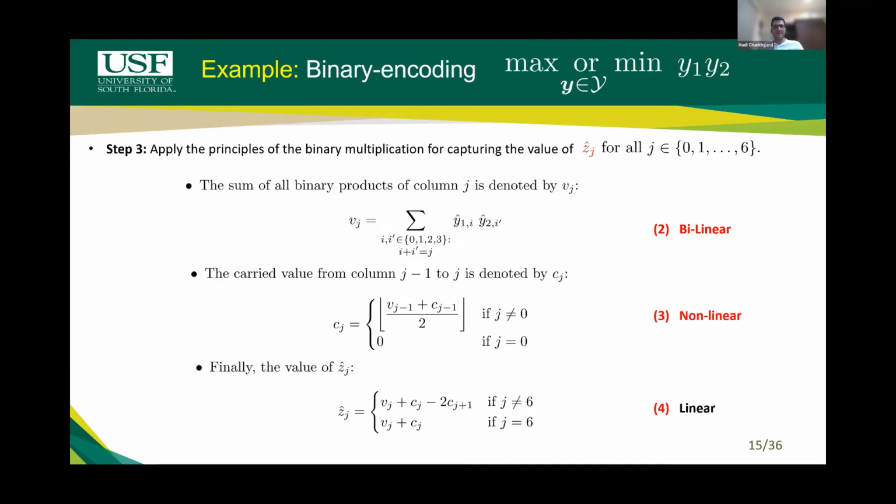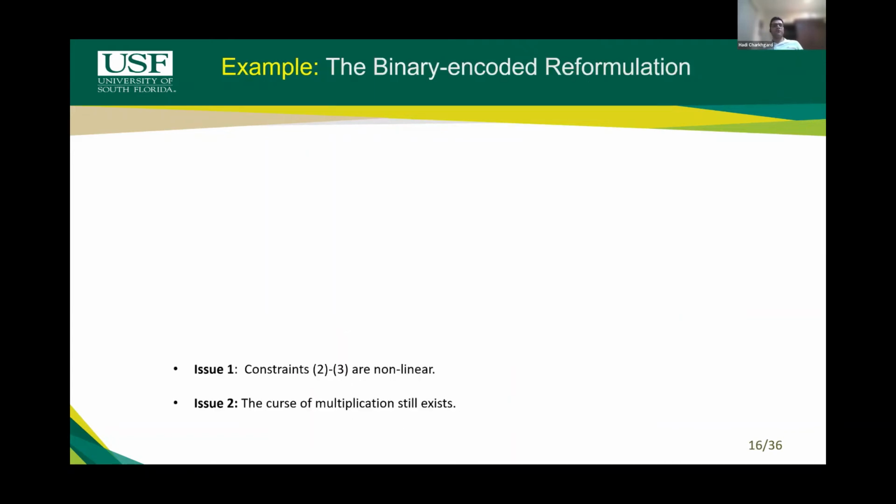Actually, you can check them by yourself, and you realize that these are precisely representing the binary multiplication that I mentioned previously. So basically, now we have 4 types of equation. Equation number 1 and 4 were linear, but equation number 2 and 3 were nonlinear. So now, in order to write down the binary encoded reformulation, we need to put all these pieces together.